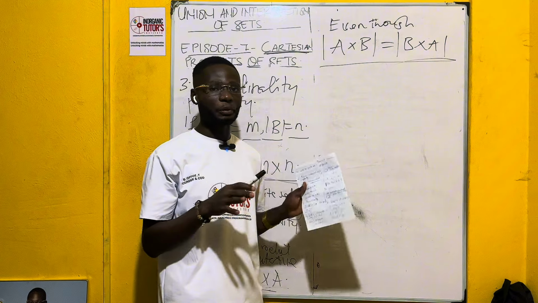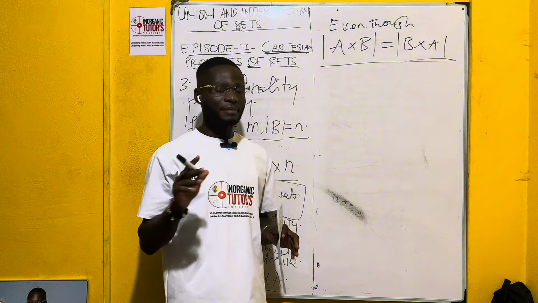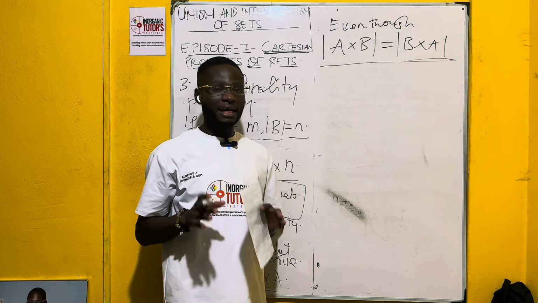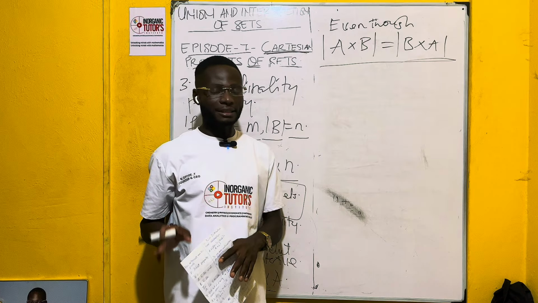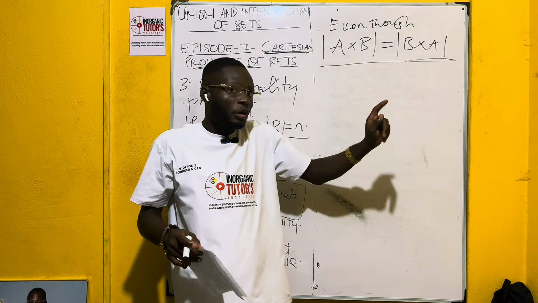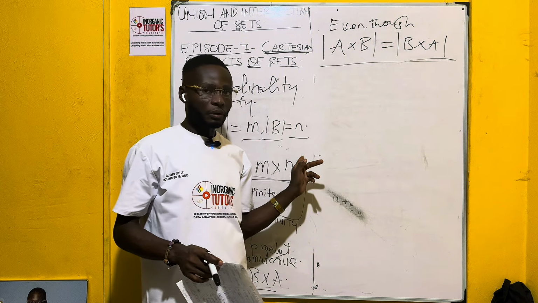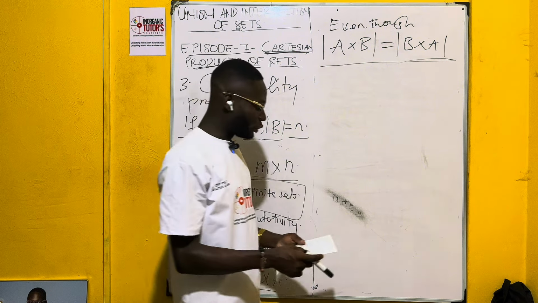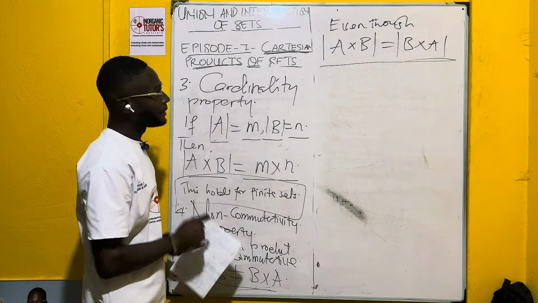Remember, when we did A cross B and B cross A, the total number of elements was the same, but the position of the items in A cross B differs from that of B cross A, right? So that results in the fourth property.